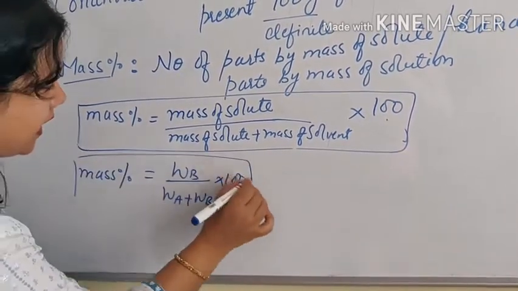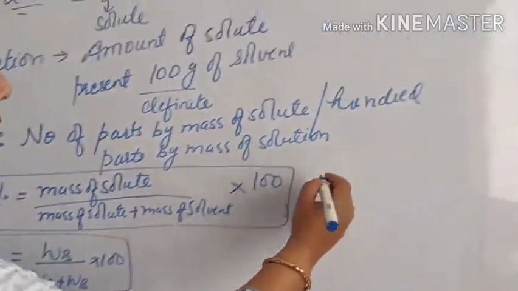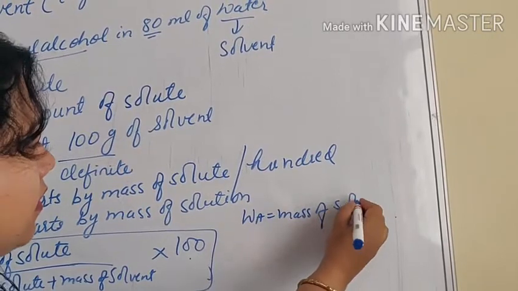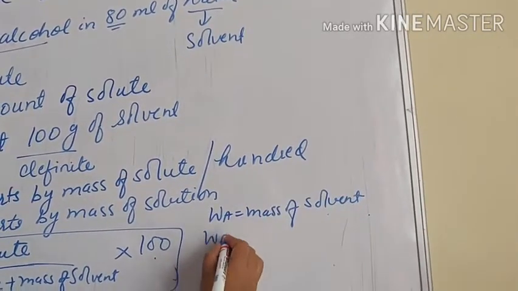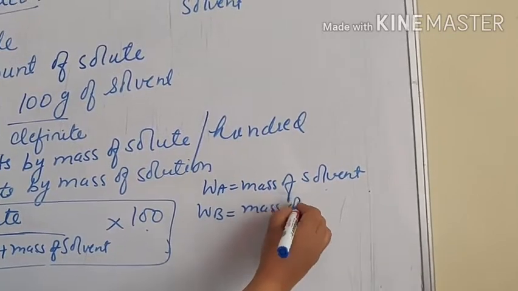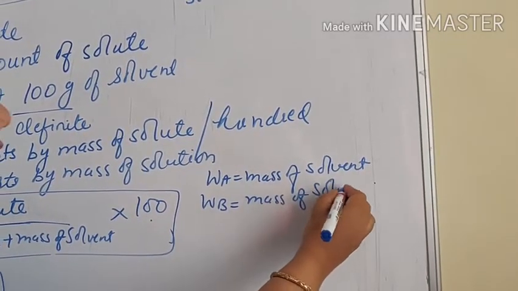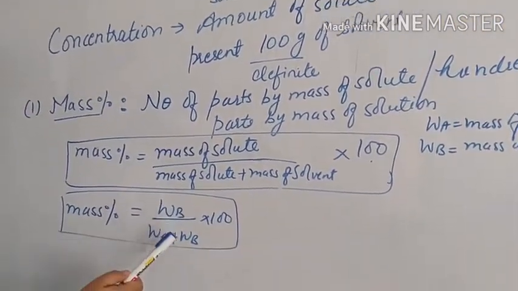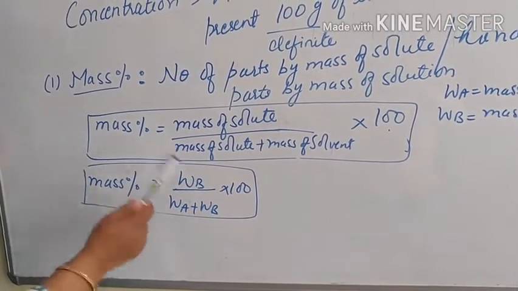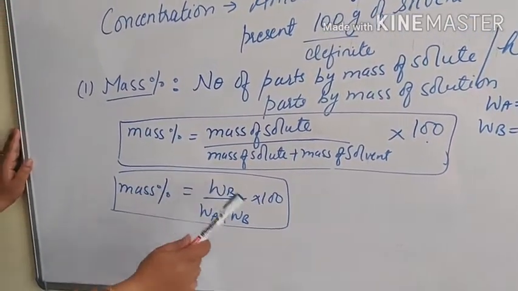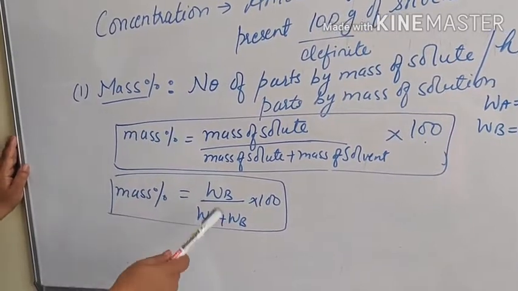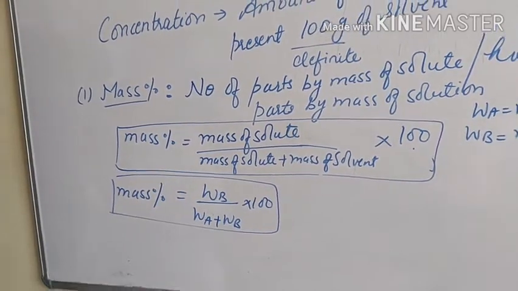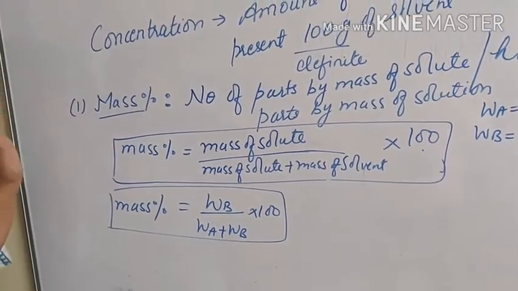So what is WA and WB? WA represents the mass of solvent, and WB represents the mass of solute. So with the help of this formula, we can easily calculate the mass percent of the solution.